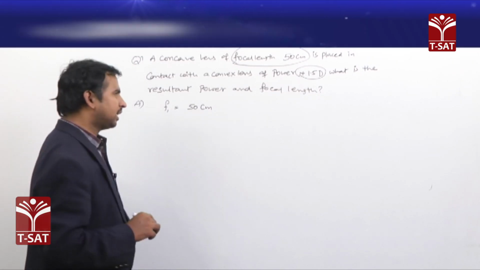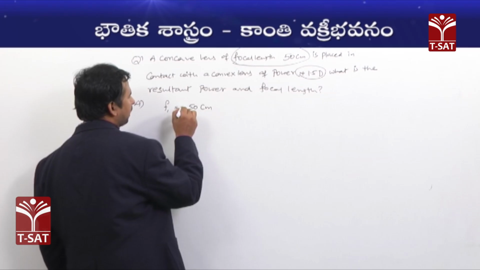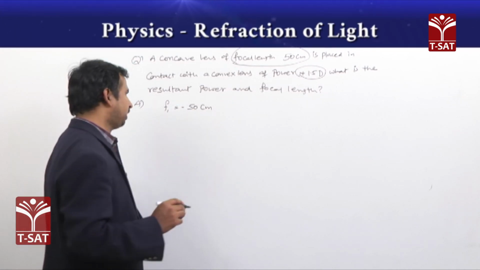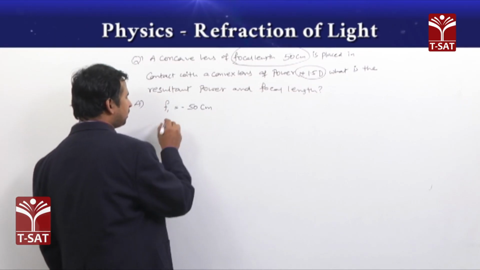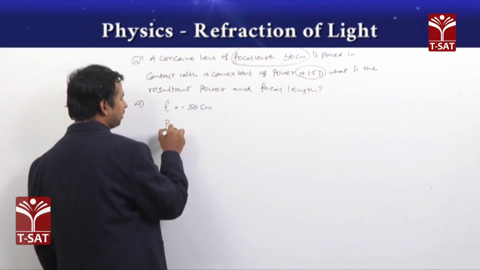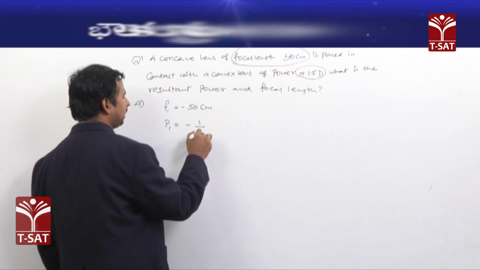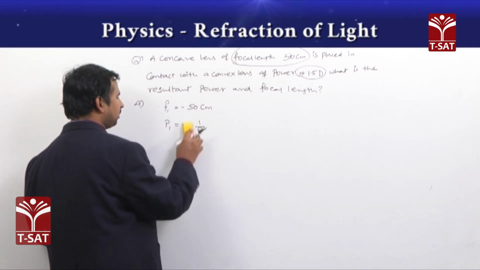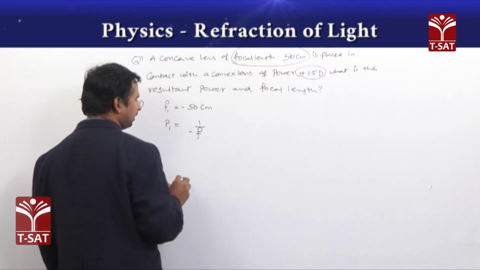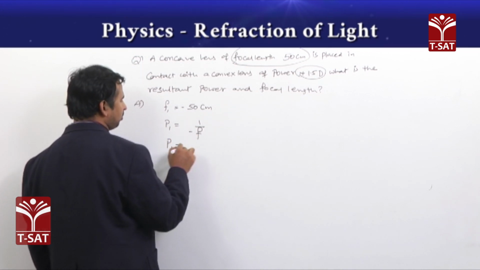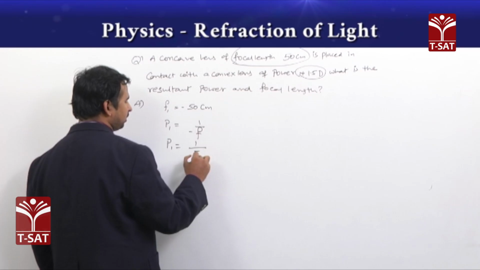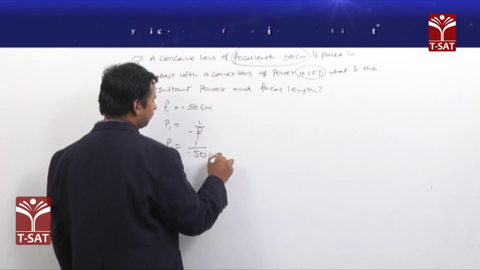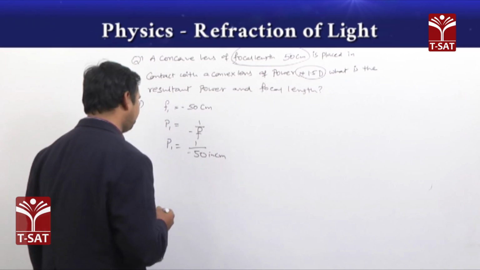So for a diverging lens we have to take the focal length as negative, which is minus 50 centimeters. As the focal length is minus 50 here, its power becomes P is equal to 1 by f. Then P1 is equal to 1 by the focal length, which is 50 with a minus. But here this is in centimeters, so we have to convert that into meters.